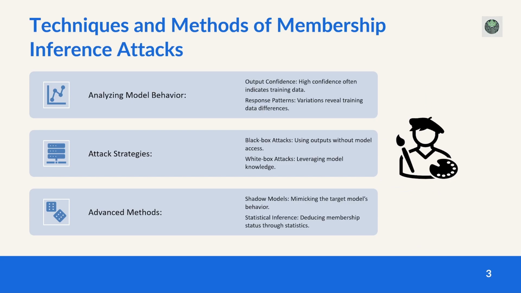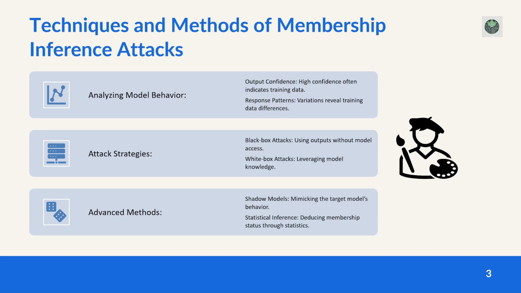So, membership inference attacks can leverage model behavior to infer whether certain data points were a part of the training set. One approach is analyzing the model's output confidence. High confidence suggests the data point was included within the training. Similarly, response patterns can indicate differences between trained and untrained data inputs.